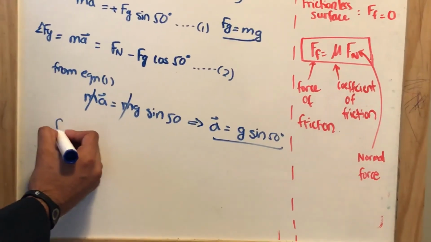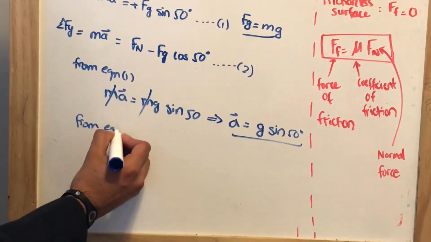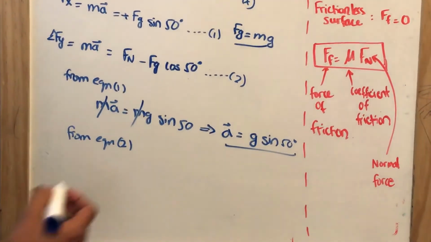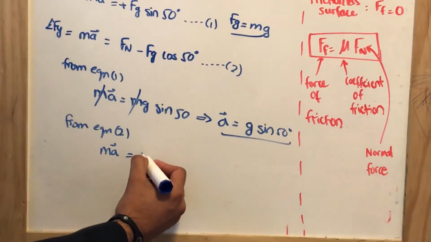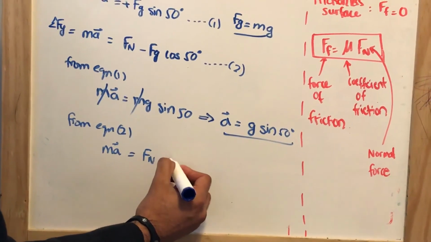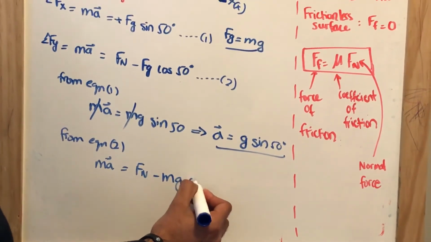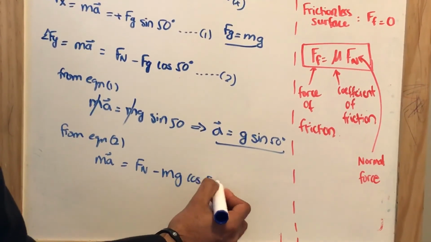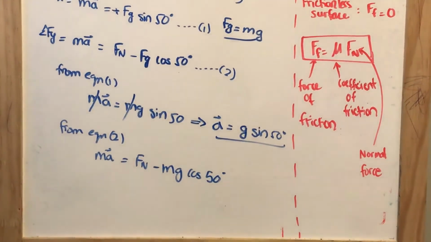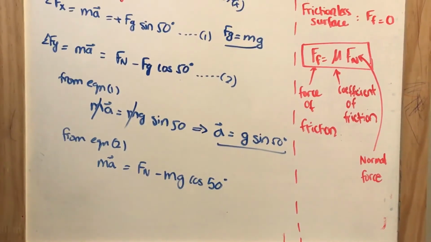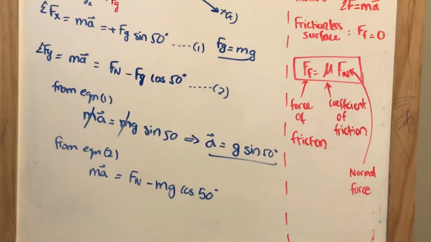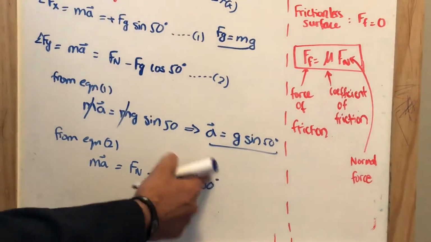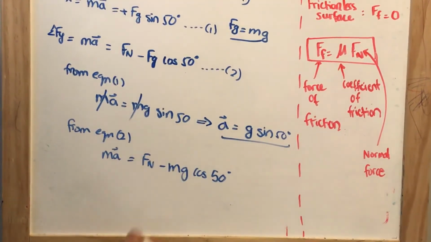Now from equation number 2, we get mass times acceleration is equal to Fn minus mg cosine of 50, right? In the question we were solving for Fn, so we're going to isolate that variable. To do that, I have to move this to the left hand side.